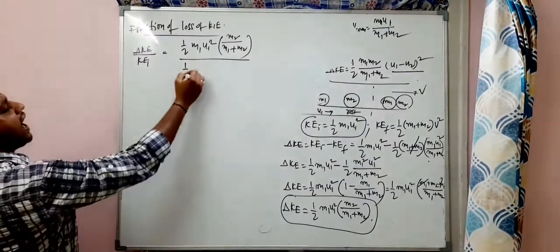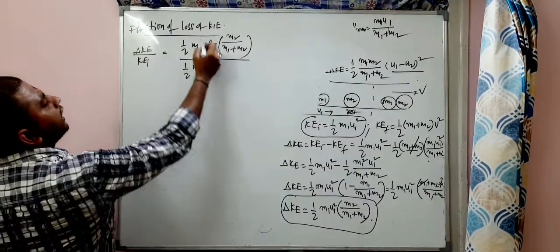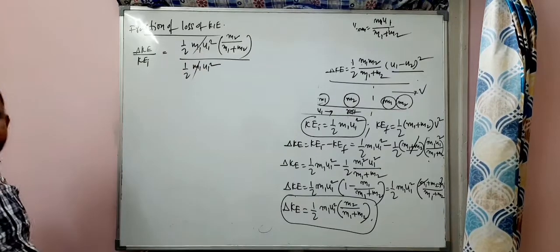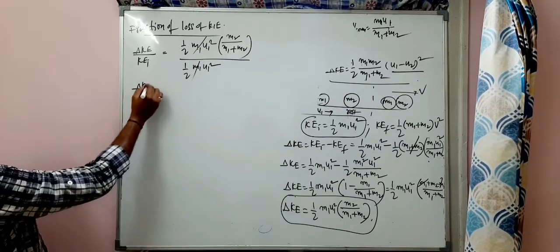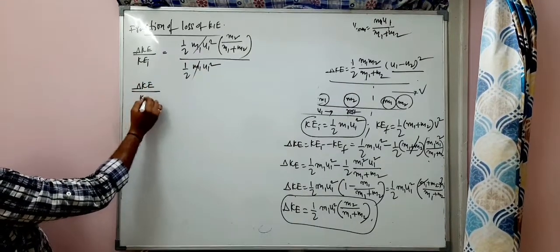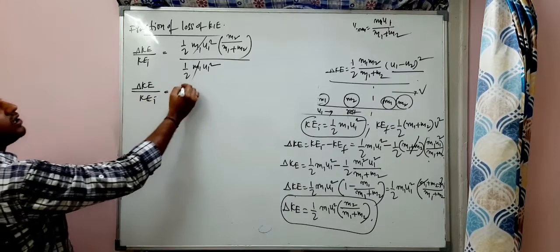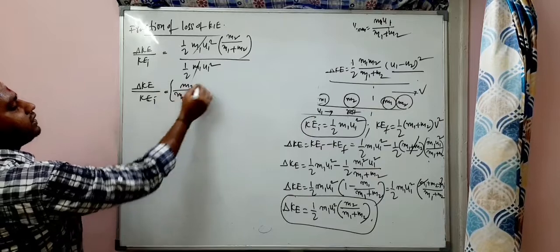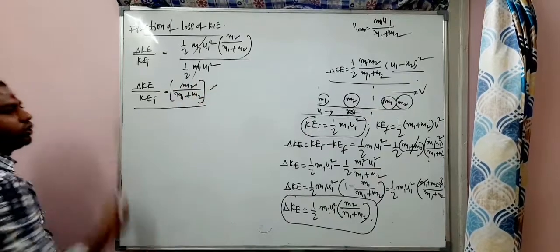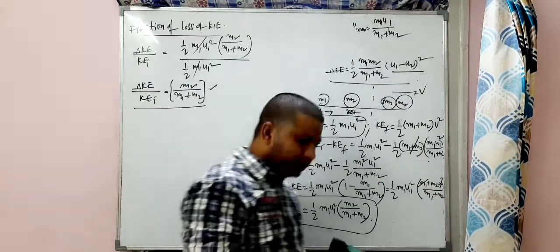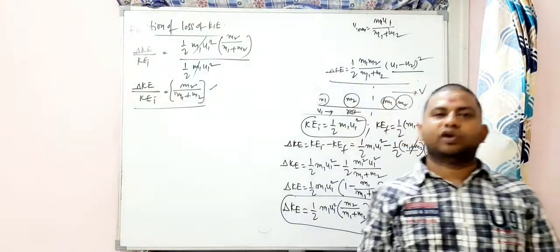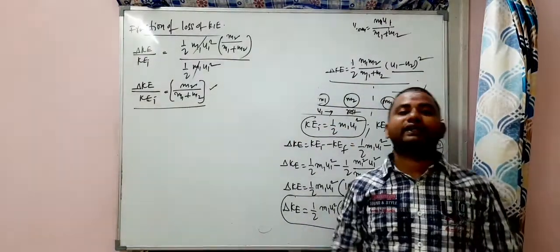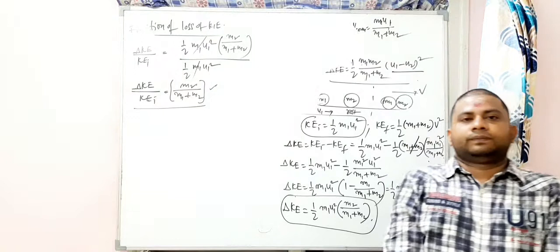It will cancel. So the fraction of loss of kinetic energy is simply m2 by m1 plus m2. If you know this, you can easily find the fraction of loss of kinetic energy.